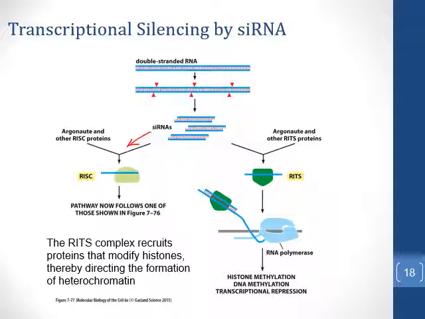But these short interfering RNAs can also associate with Argonaute and other proteins to give you not a RISC complex, but a RITS. And RITS, R-I-T-S, stands for RNAi-induced transcriptional silencing.